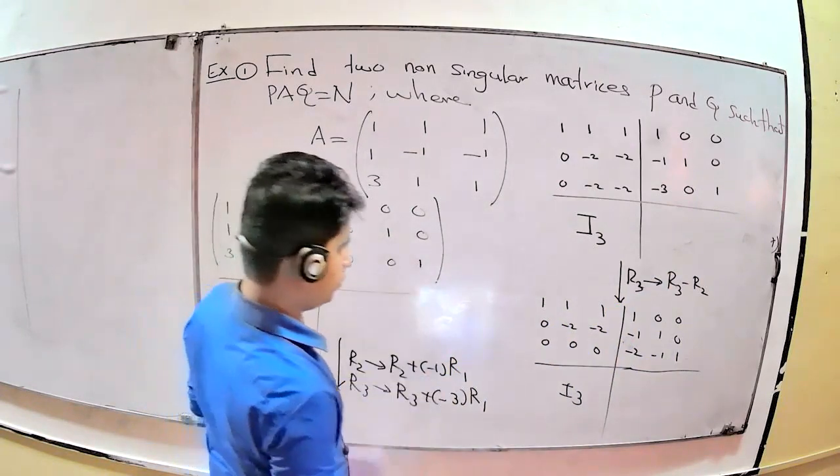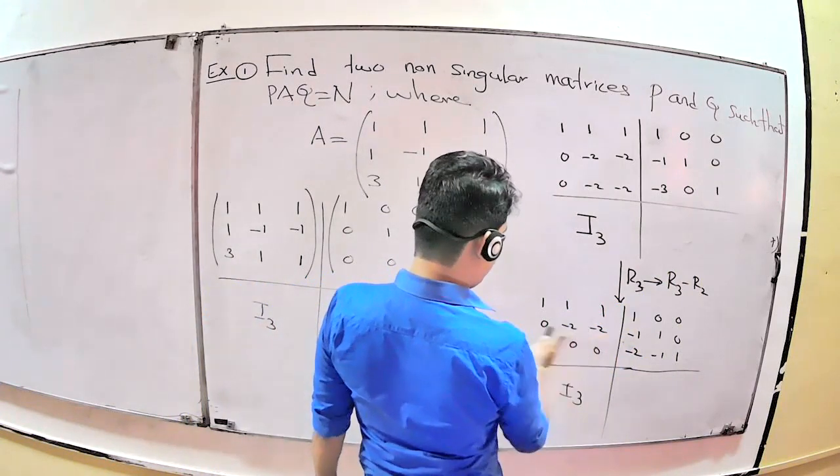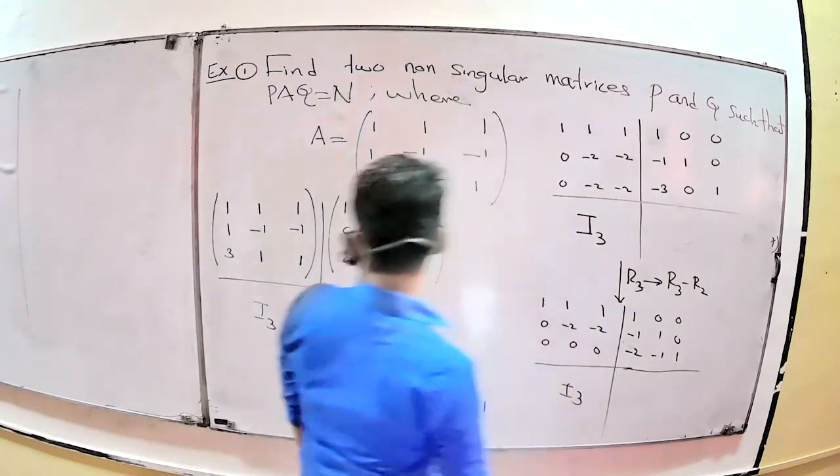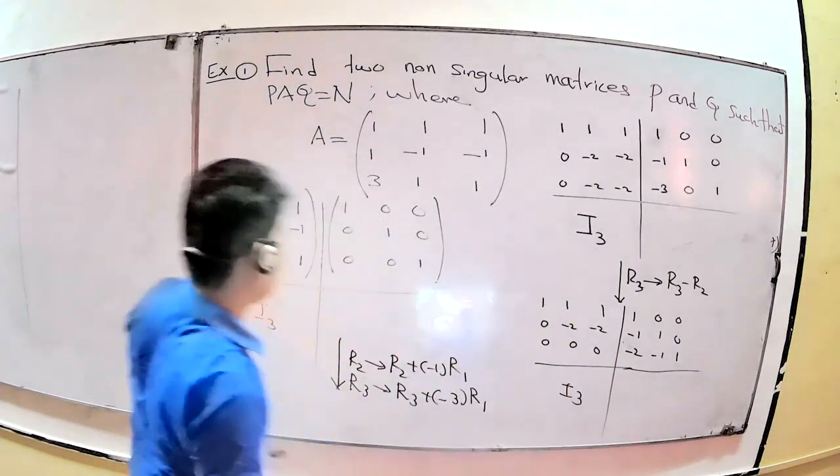Now you can divide this R2 row by minus half.